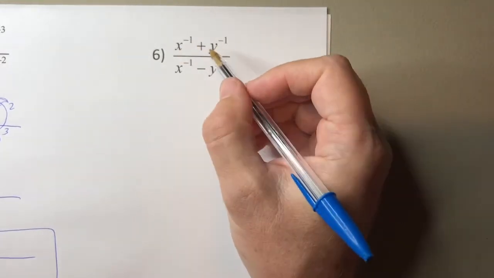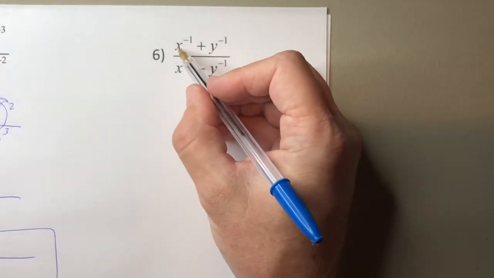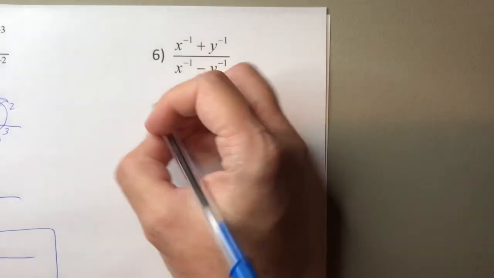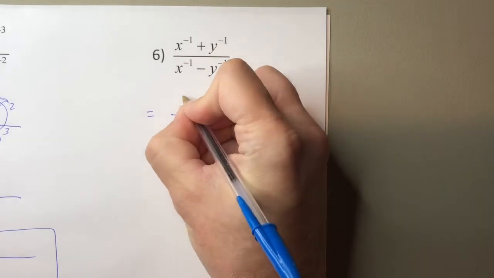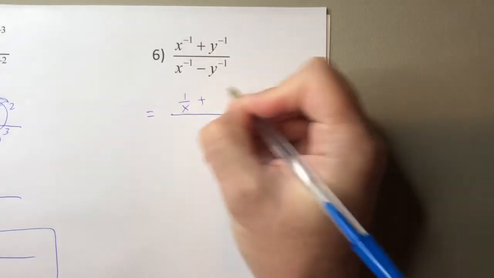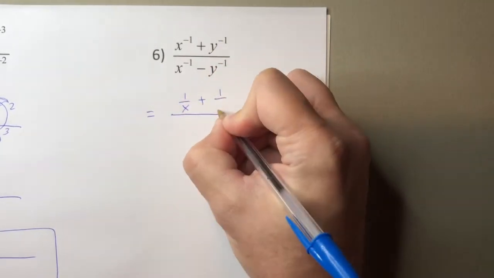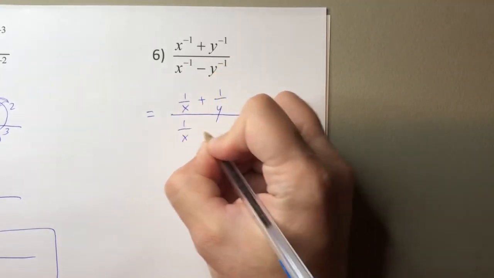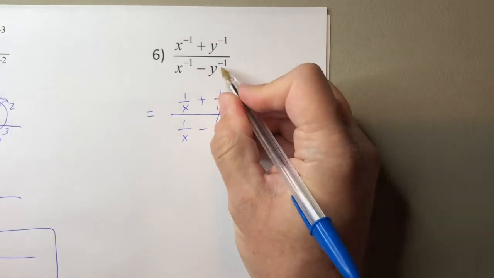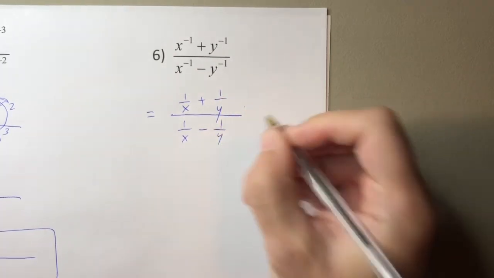Any base to the negative 1 is the same as 1 over that base. So here's what I'm saying. x to the negative 1 is 1 over x. y to the negative 1 is 1 over y. x to the negative 1 is still 1 over x. y to the negative 1 is still 1 over y.